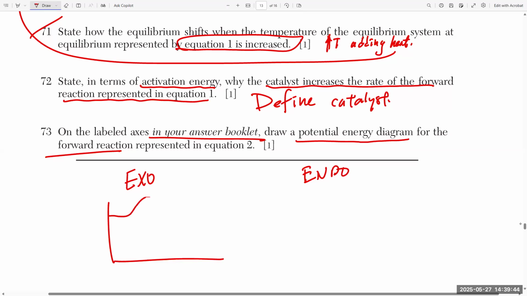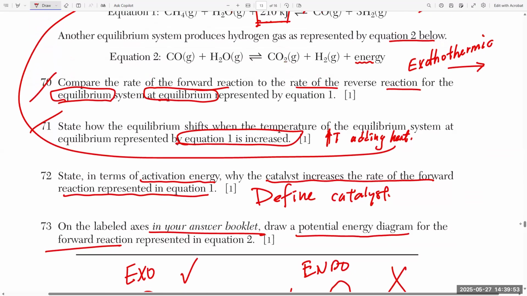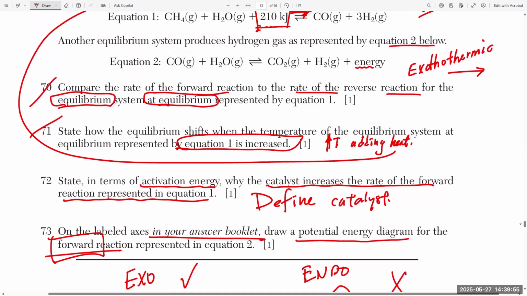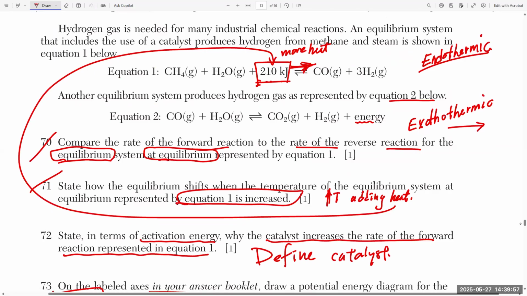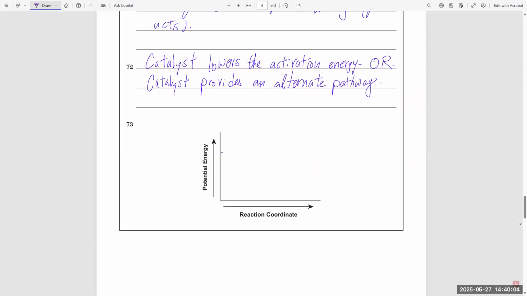Exothermic reaction looks like this. Endothermic reaction looks like that. So that's the correct answer, because equation number 2 going forward is exothermic. So we're going to go ahead and draw an exothermic graph. Looks like that.